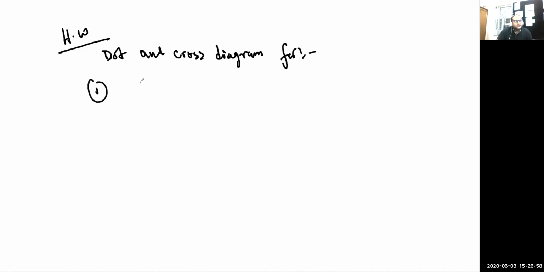So homework. Homework will be dot and cross diagram. Number 1, MgO. Number 2, calcium chloride.